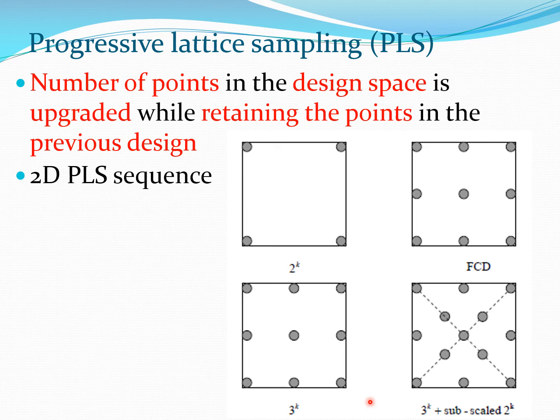If it's doing well, you stop at this point, or you add further points here to sample the design space and so on. So in each of these cases, the previous points remain with you, and therefore you are simply building up this model by putting in new points. So that's why it's known as progressive lattice sampling, because you are progressively sampling the design space.